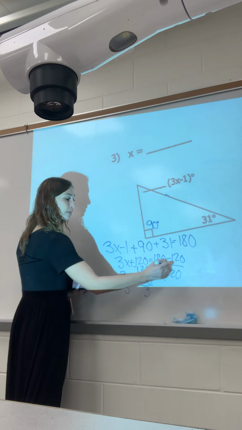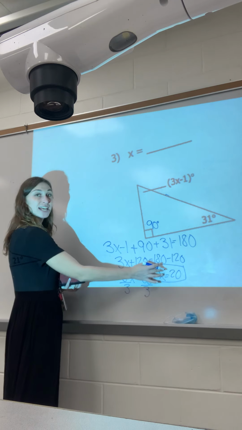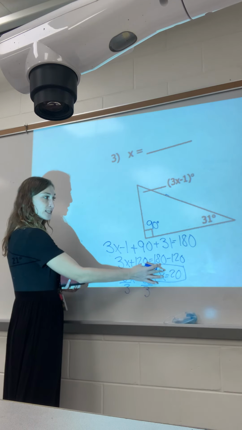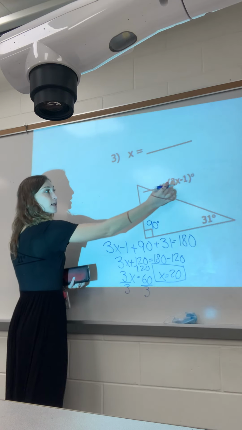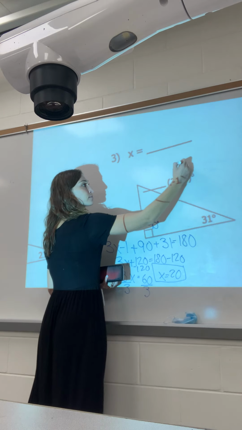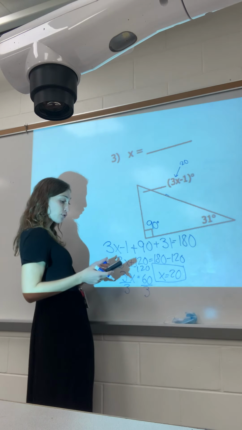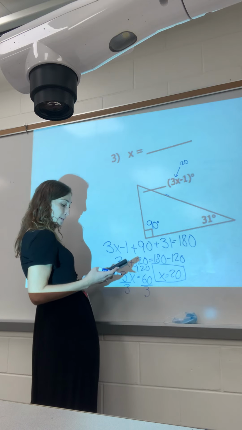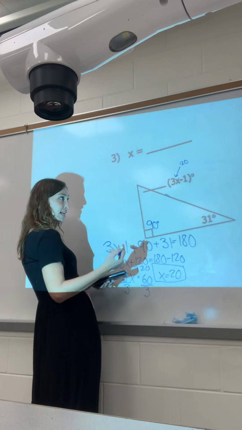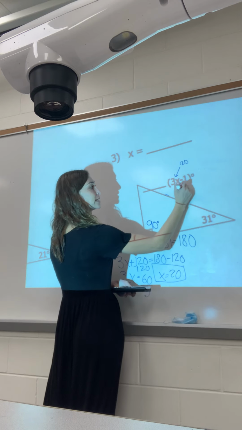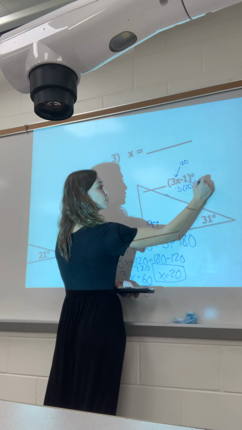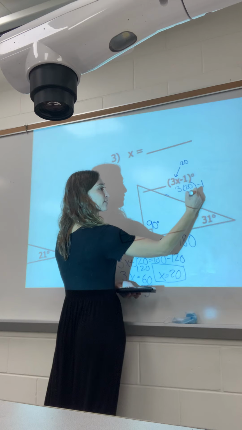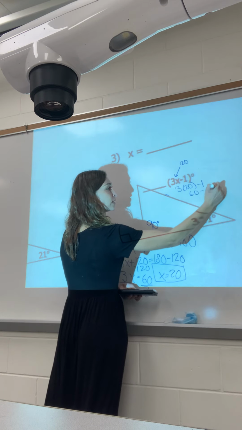All right. Now I'm going to check and make sure that this 20 represents what x is. So I'm going to plug the 20 into here. 3 times 20 is 60, minus 1 is 59.